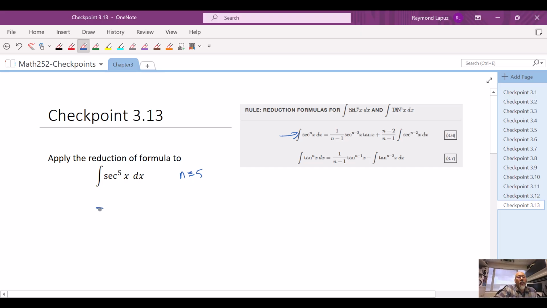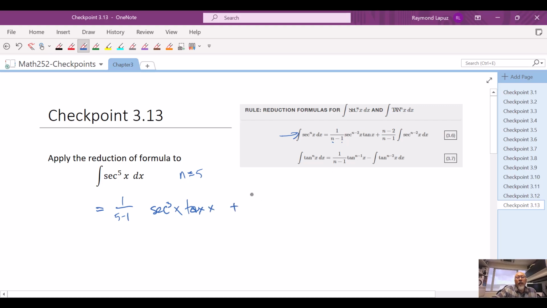All right, so following this formula, we have 1 over 5 minus 1 times secant to the third of x times, this is not an integral. This is just a multiplication. We are multiplying this times tangent of x.